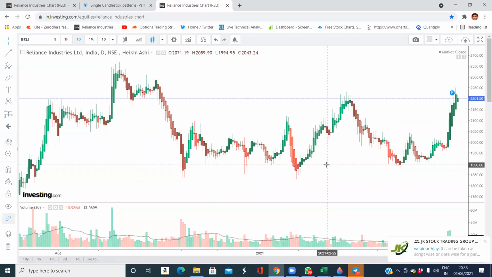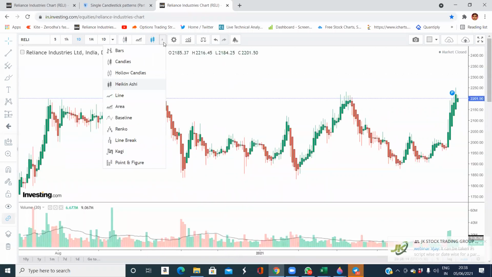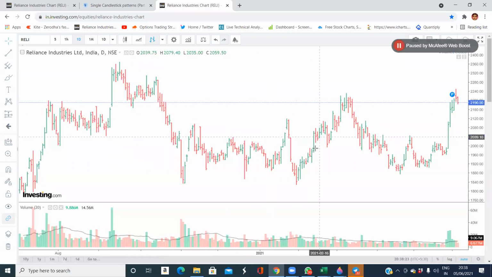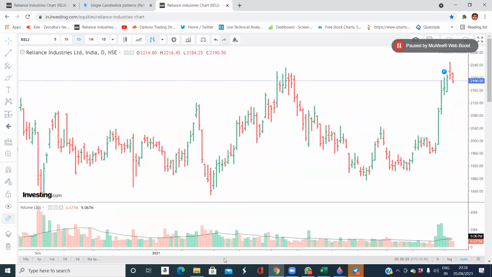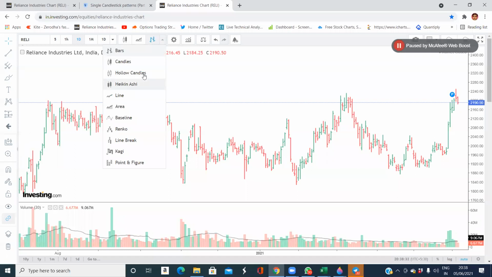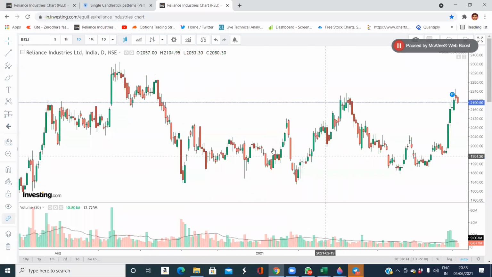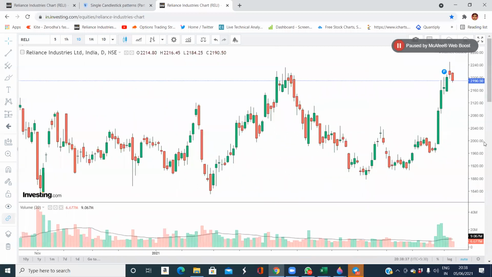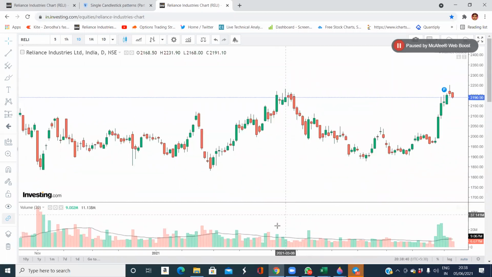This is Heikin-Ashi candles. Then this is bar candles. Okay, so there are many types in this drop down menu, but the best one is the candlestick chart. So normally everyone uses only this candlestick chart.